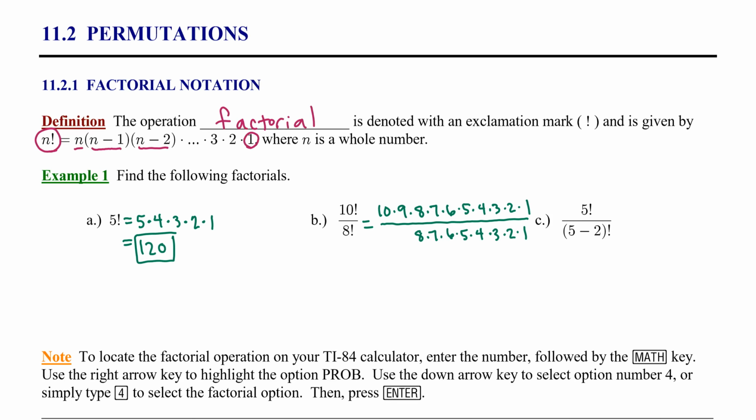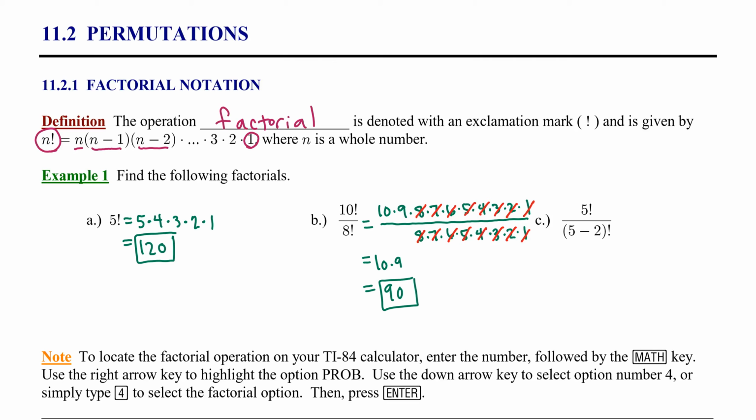Instead of actually evaluating the numerator and the denominator individually, I'm going to observe everything is being multiplied in the top and in the bottom. So we've got some like factors in the numerator and the denominator, and anytime that happens, you can cancel like factors. Everything is going to cancel from 8 all the way down, so we can evaluate this without a calculator. Very simply, what's left is 10 times 9 equals 90.